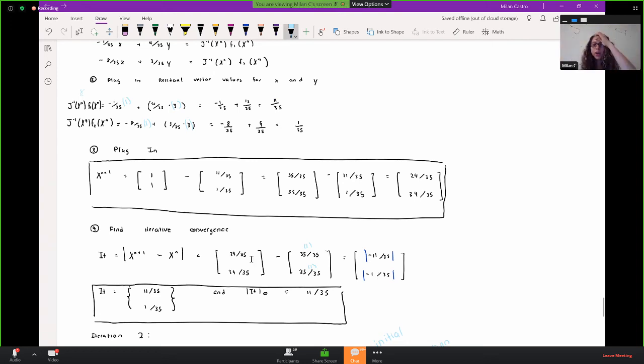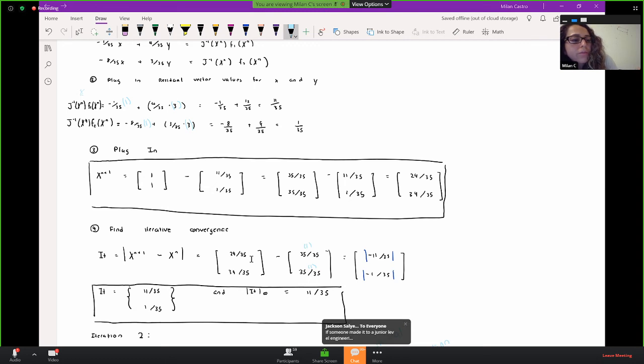You go to the second matrix, put in your matrices A, B, C, and then you can inverse it.